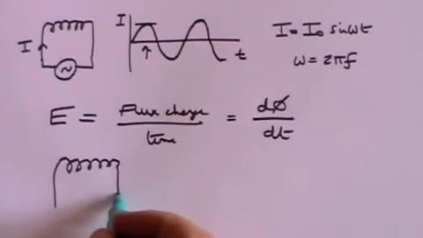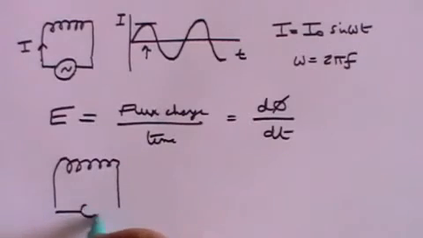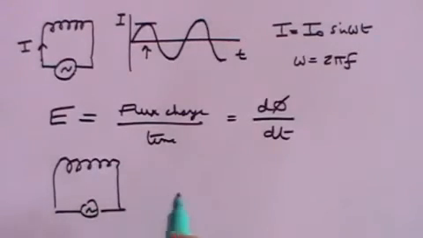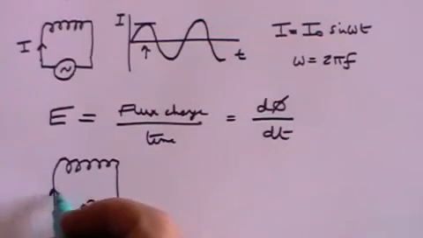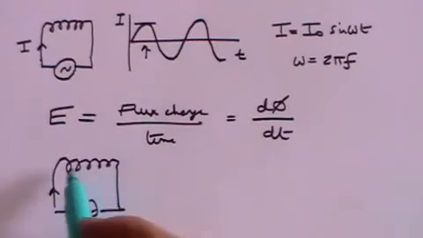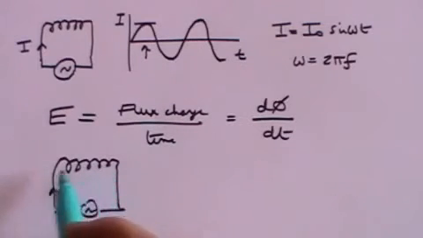So if you have this arrangement here, where you have your solenoid or your coil of wire, generating an alternating voltage which produces an alternating current, then you will get a variation in the magnetic field.